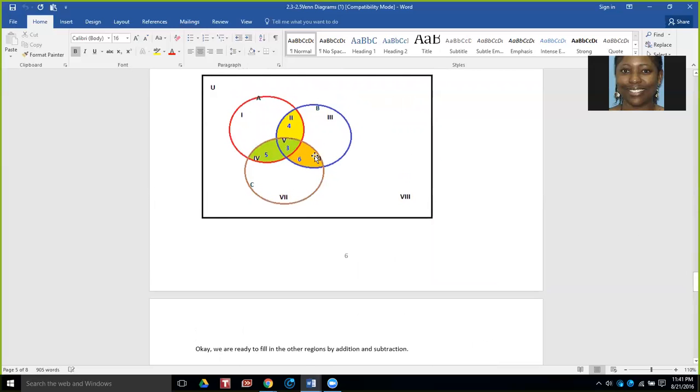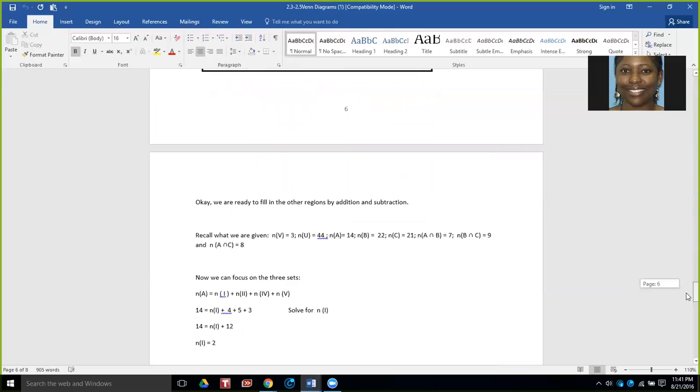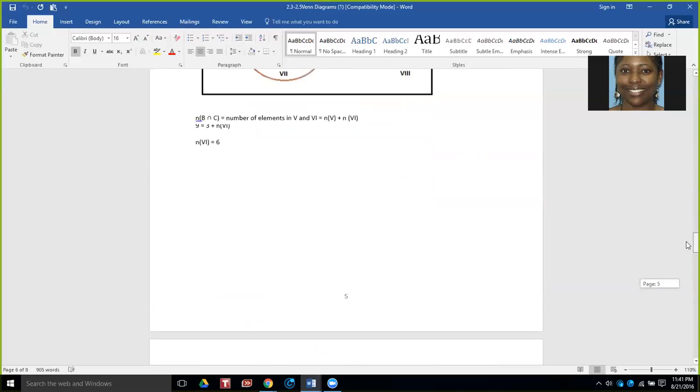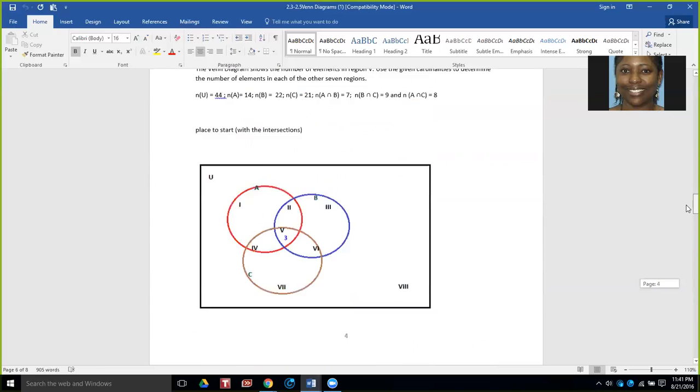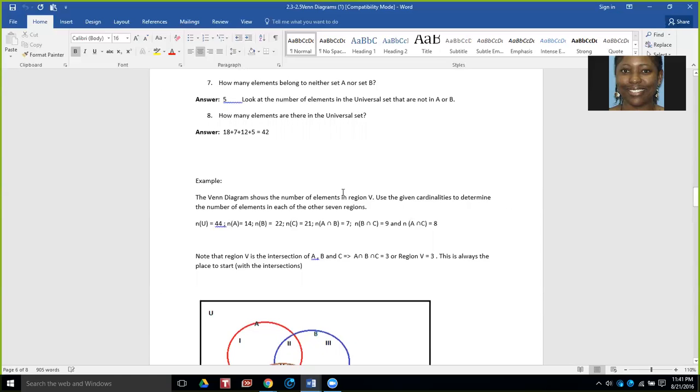So once we have all of the intersections, now it makes it easier to find this missing number, this missing number, this missing number. And once we have all of this, we can find this missing number. Okay? Because all of the elements in A should total 14. Let me go back up to the top so we can see. Yes. So the number of elements in A should be 14.